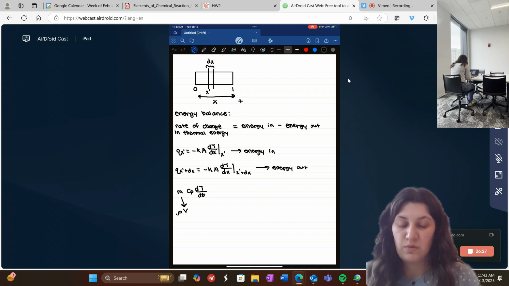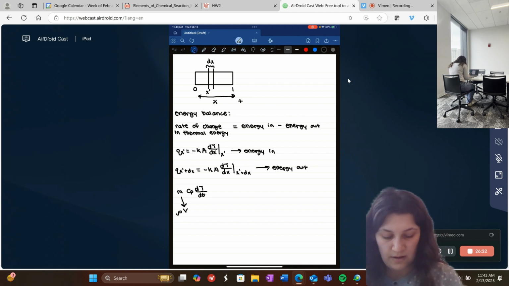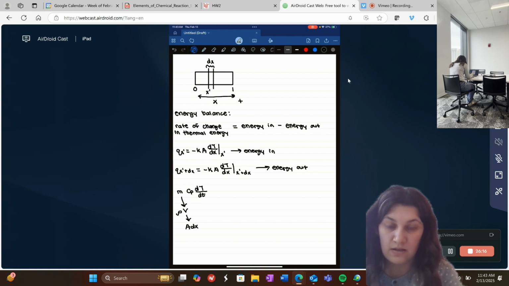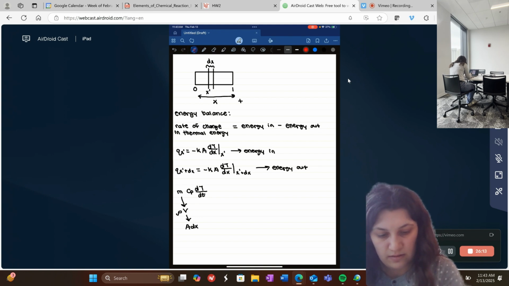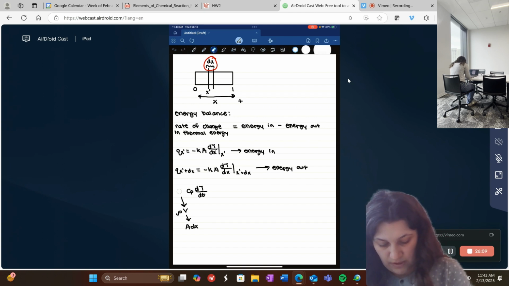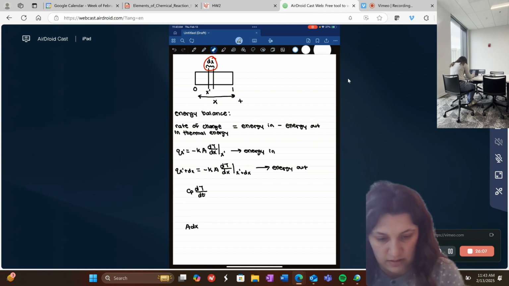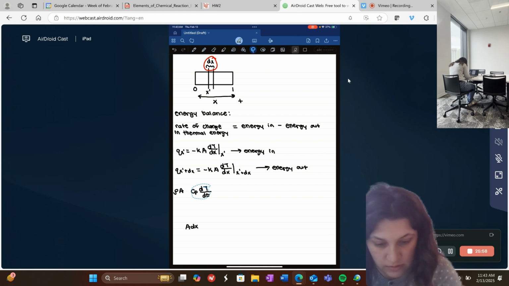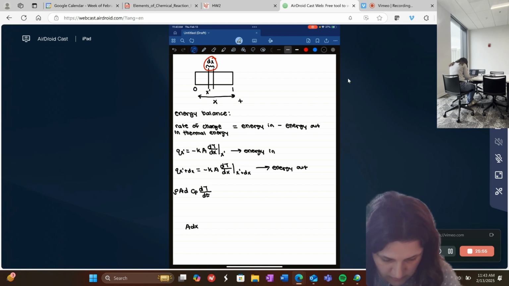But in this case, we are working with area and some length term, so we can take this and turn it into area times dx, this little slice here. So erase that and substitute this in. So we're going to have rho times area, times dx.